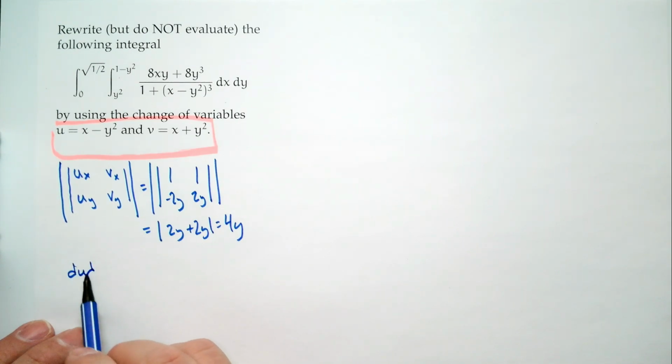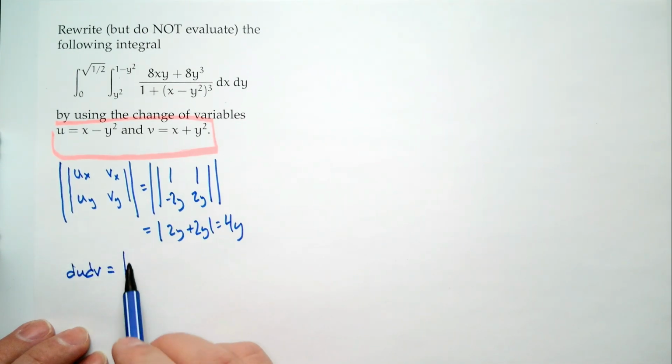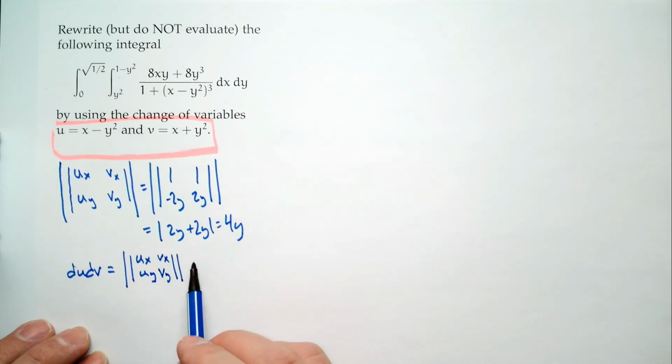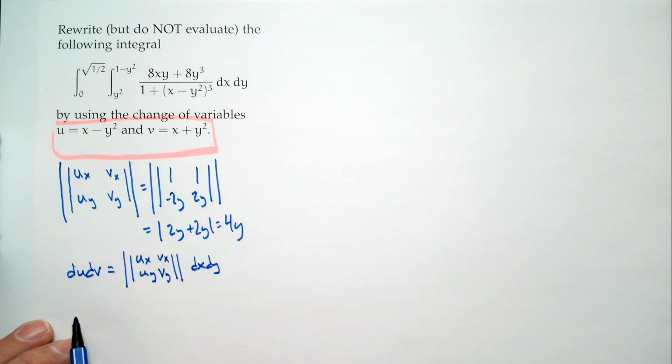du dv is, in general, what happens when you take this Jacobian, u sub x, v sub x, u sub y, v sub y, times dx dy. Conversely, dx dy is the Jacobian where you solve for x and y in terms of u and v, times du dv.